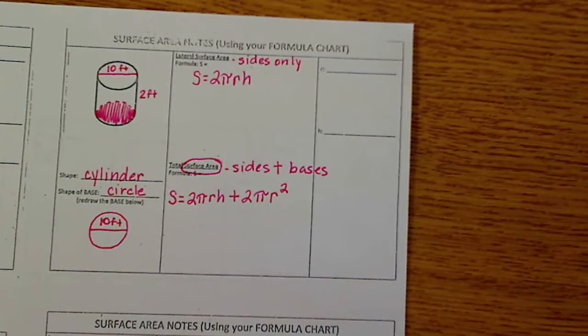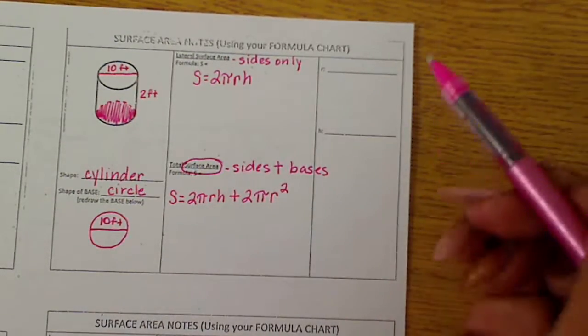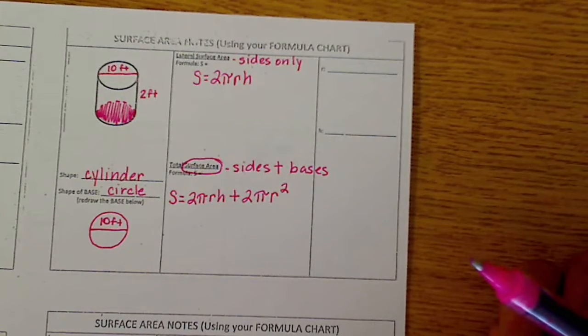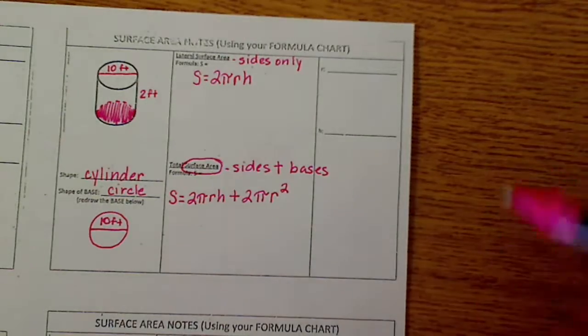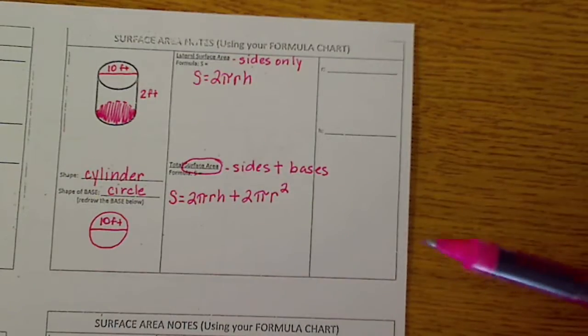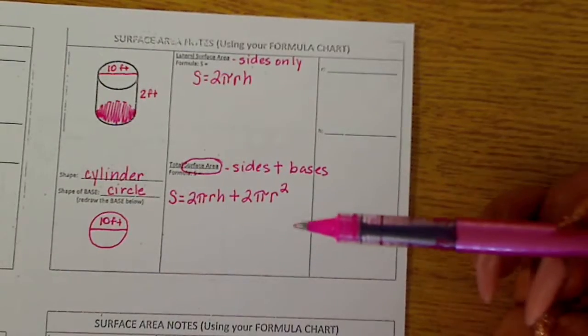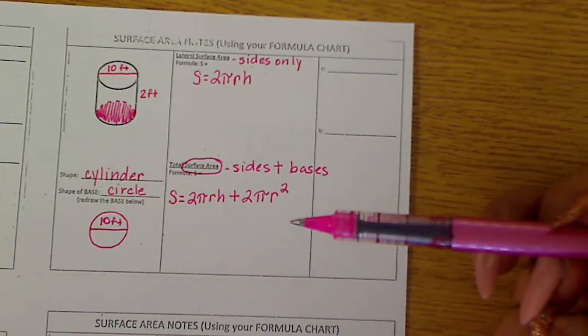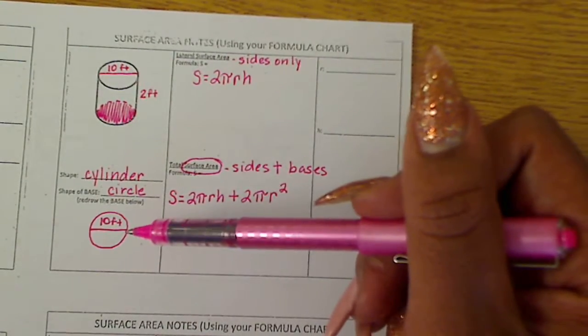So what we're going to do is locate our variables of radius and height, and then we'll have everything we need to solve this problem. What's our radius in this problem? 5. That's good. How did you get 5? Because all I see is a 10 and a 2. You take the diameter and you divide it by 2. We're given the diameter.